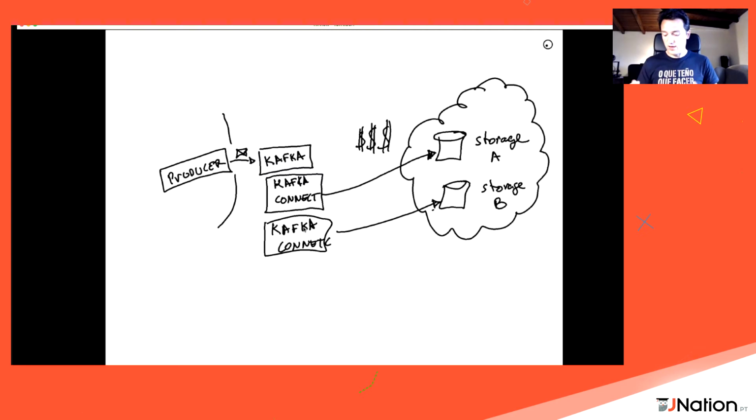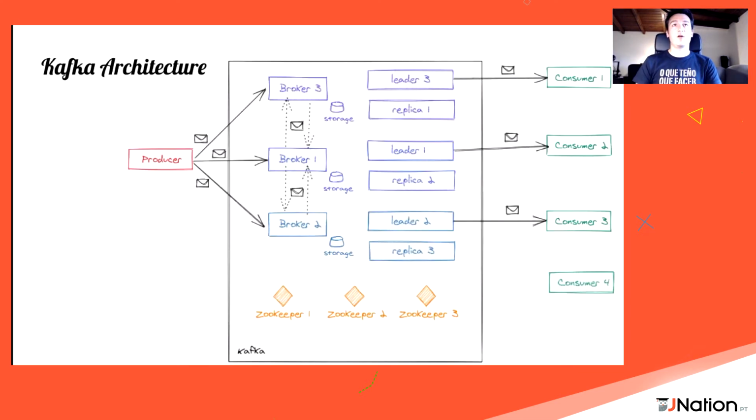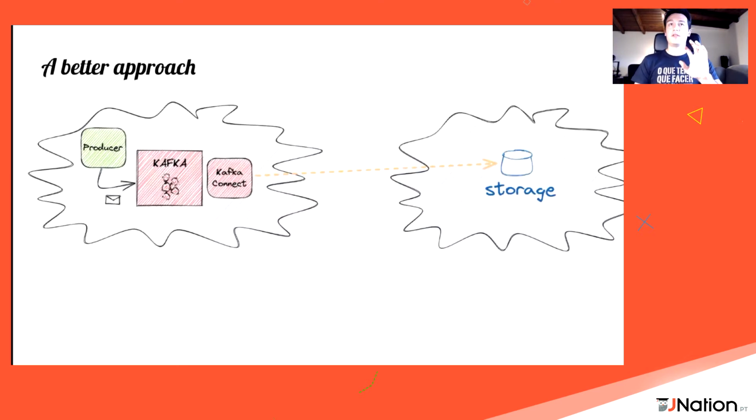So the ideal thing would be sending just 1 time, and from there being able to replicate the data to the different storage we may need, okay? So let's summarize with the slides and then cover that part. Better approach: we use Kafka Connect to send to the storage. So our producers are decoupled from the cloud services.